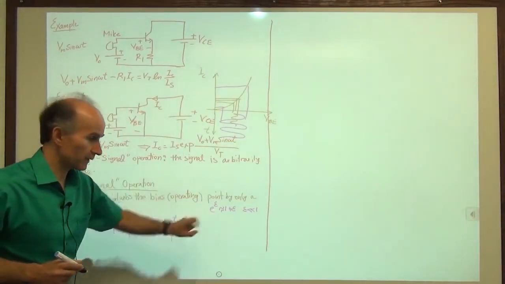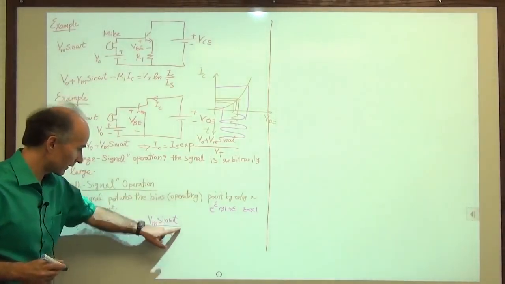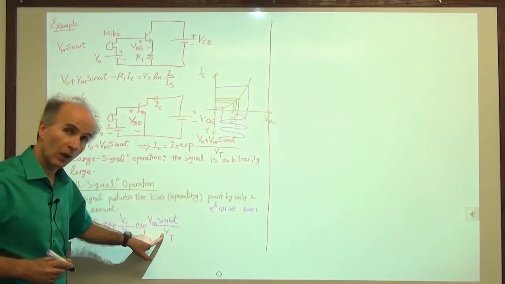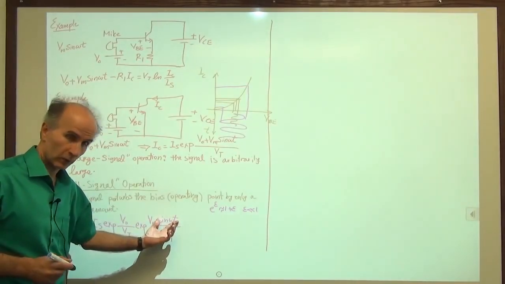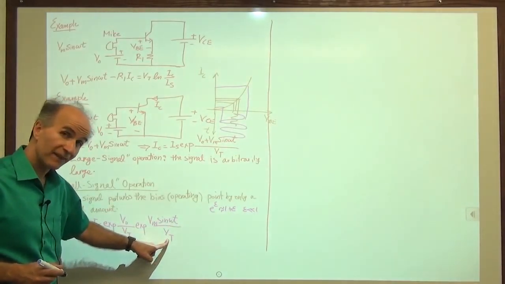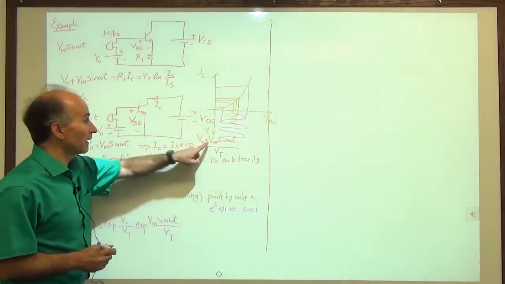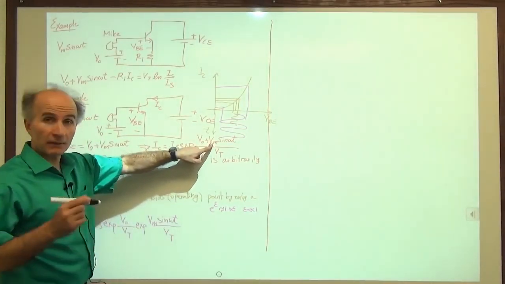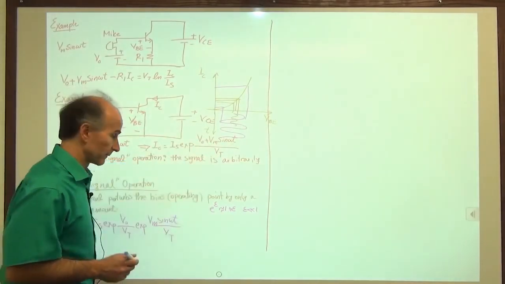So I would like to use this approximation, which means I would like to assume that this term is much less than 1. And because sine itself is always less than or equal to 1, I need to assume that Vm is much less than Vt. Okay, that's the key. Vm is not sufficient to be much less than V0. It has to be much less than Vt.